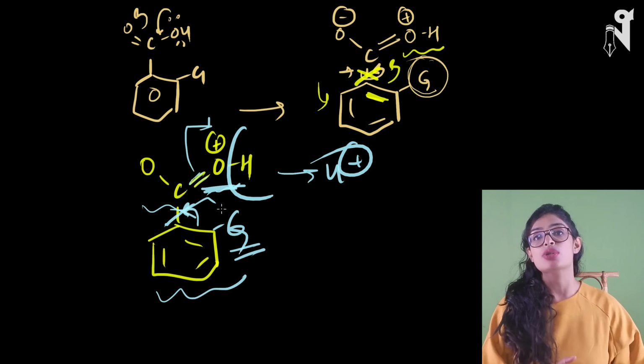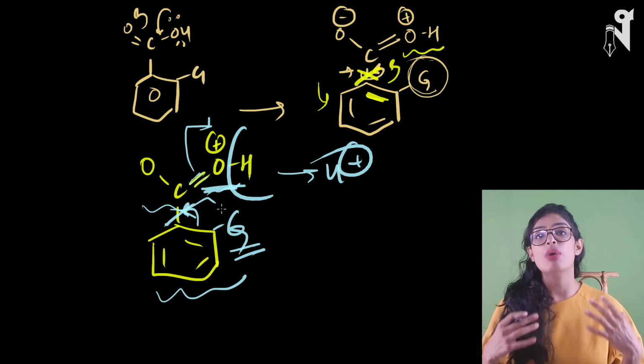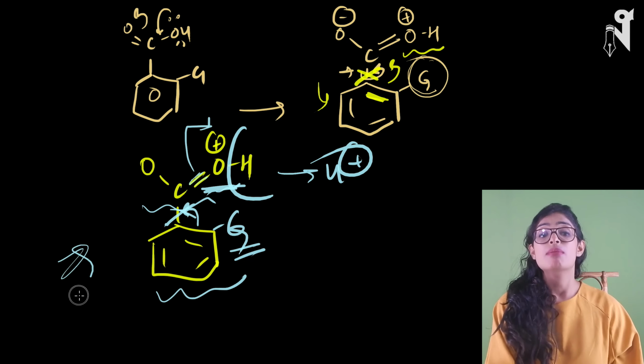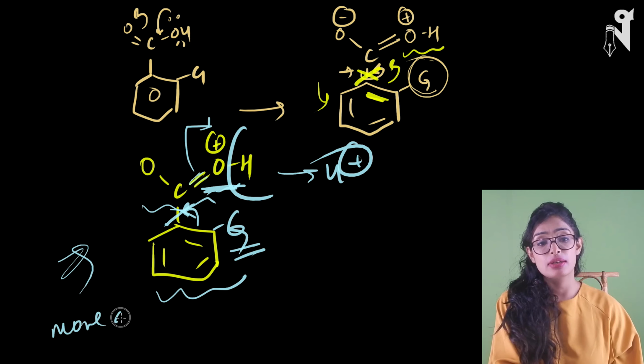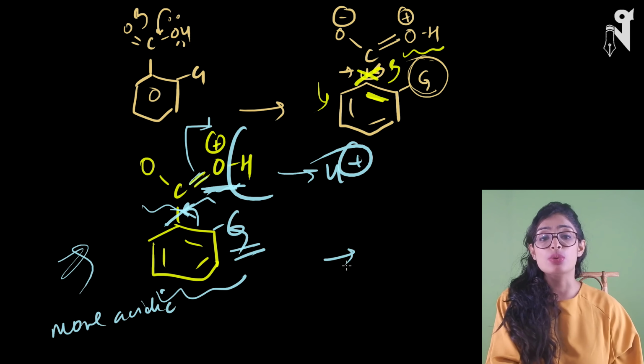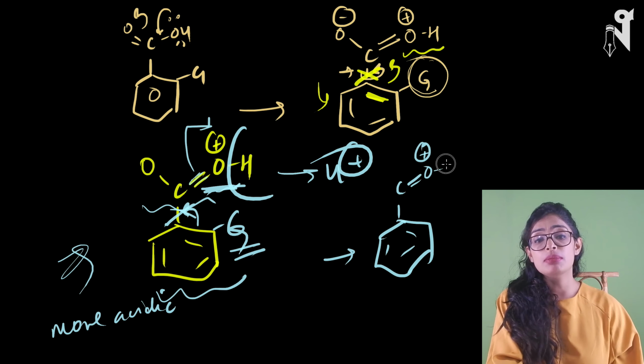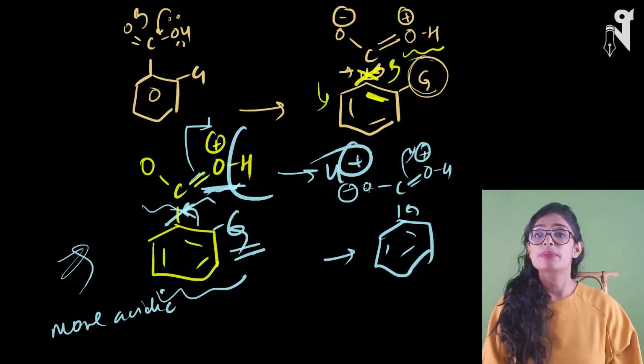It will be desperate to kick out H as H plus to gain back the electron density, and hence it will be more acidic than your normal benzoic acid. Why? Because in case of normal benzoic acid, you are getting supply from the benzene, right?